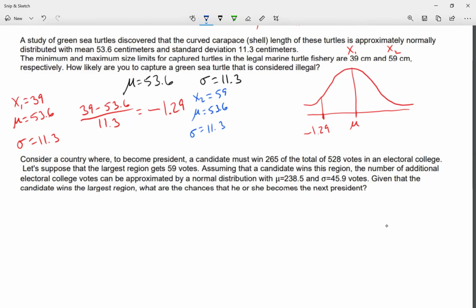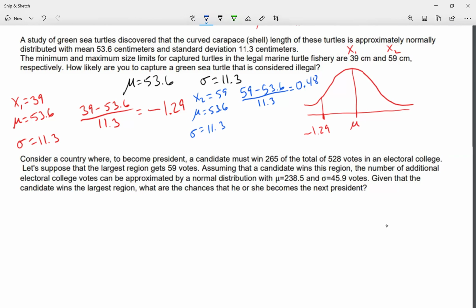The way I find my z-score is X minus mu, all divided by sigma. I'm going to use a calculator, and this gives me 0.48. Keep in mind I rounded to 2 decimal places. So it's about here, 0.48. That gives me this area.